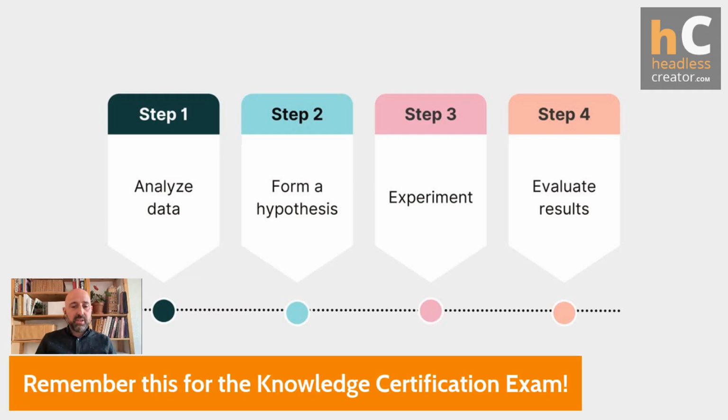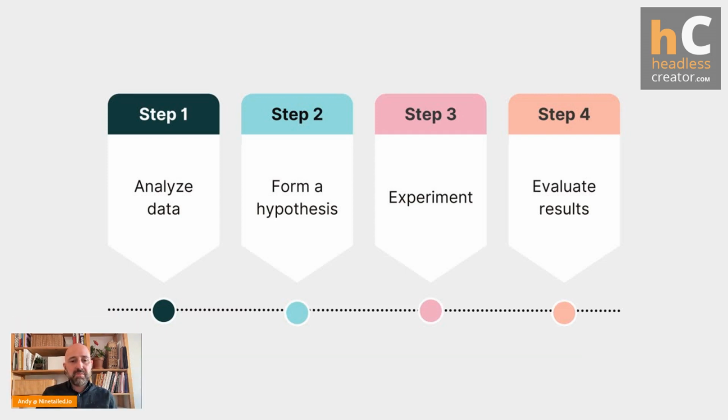So, for example, we could see in our data that the users who see a specific image convert better. So we could think about improving that image, or improving the headline with the image, whatever it is.